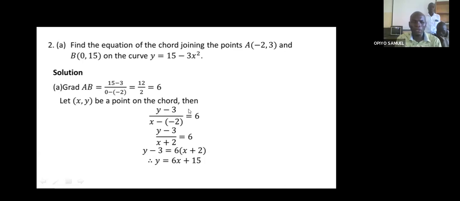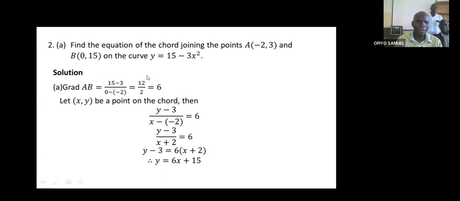On the chord. So you get it from there. So generally, in order to determine the equation of a line, you must know the gradient of the line, and you should know a point on the line. If the gradient is not given, you start, that is your starting point. Then that is part A.